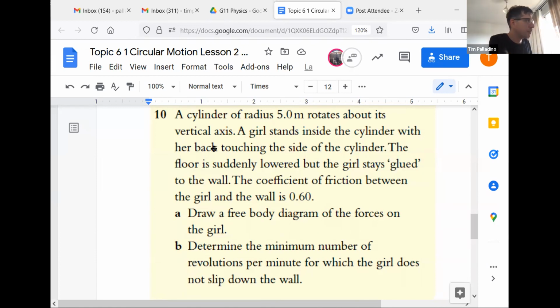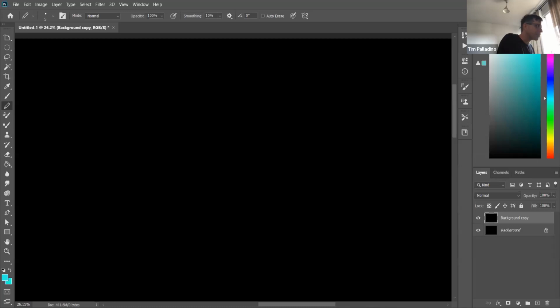So the first thing, let's draw what this looks like. We have this cylinder, the girl's inside the cylinder, and the room starts to rotate. So here she is right here.